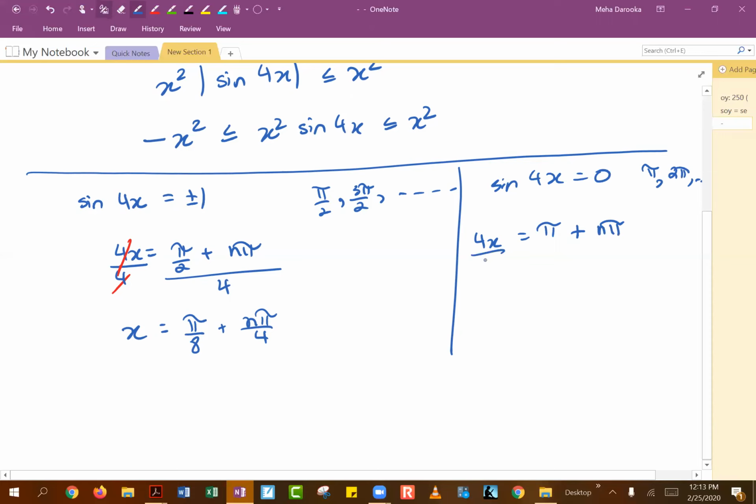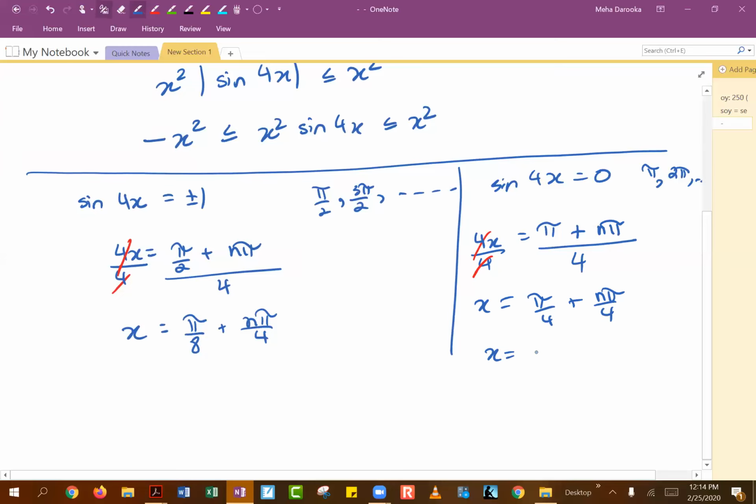If you divide these by 4, which actually, if you think about it, pi over 4, if my n is 1, is also going to be pi over 4, right?